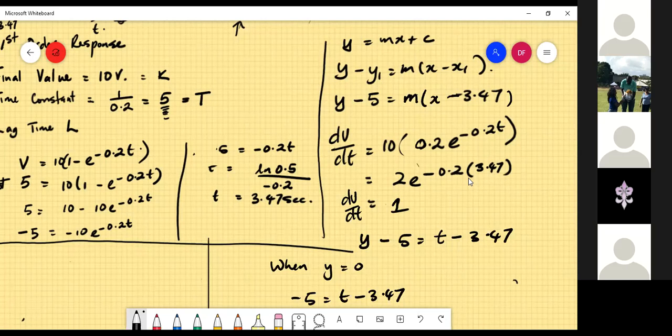You sure it's 1? Let me check it again. It's minus 0.2 times 3.47. Yes, sir, it's 1, or 0.9991.